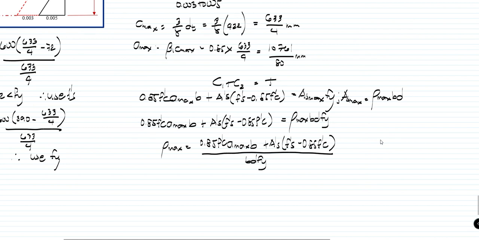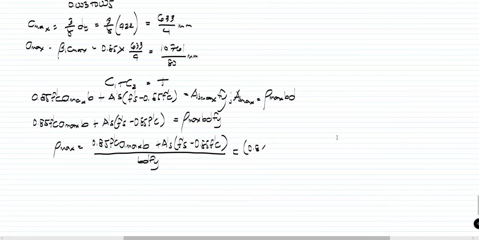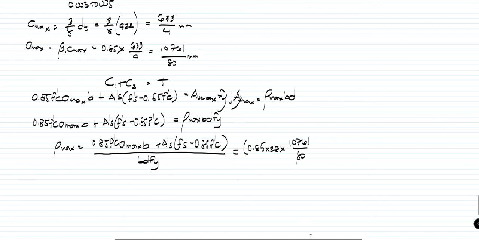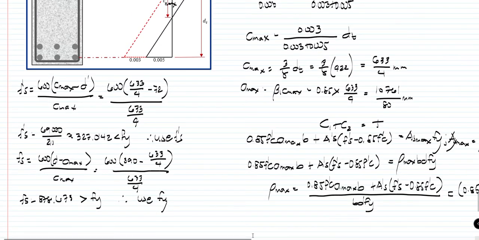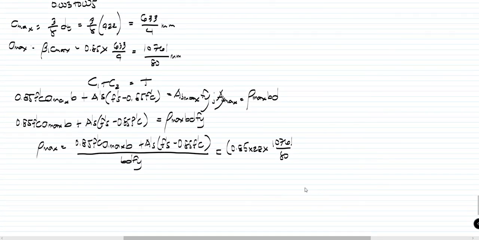So, substituting our values, we could have 0.85 times 28 times our A max, which is 10,761 over 80. Check natin. So that is times 350.